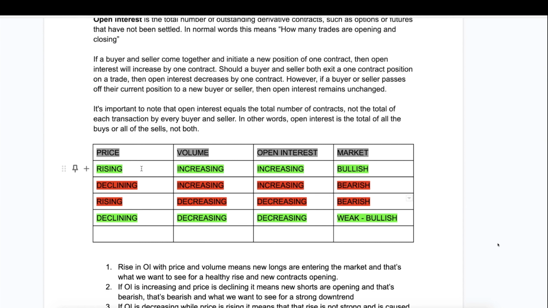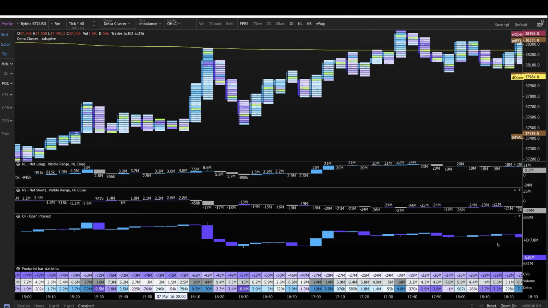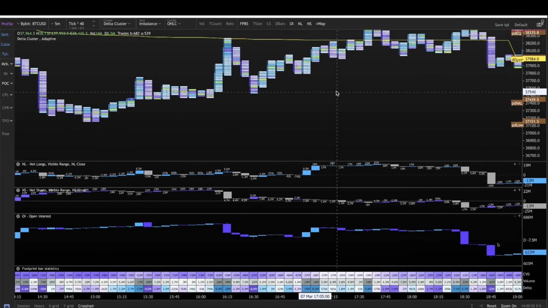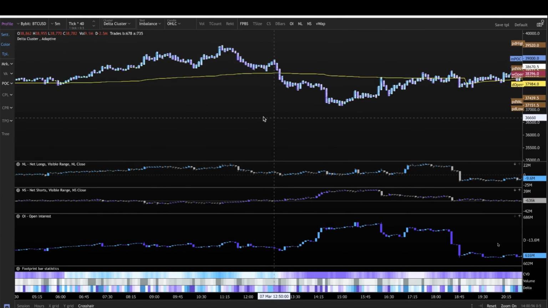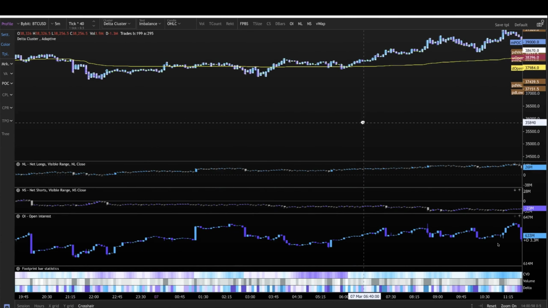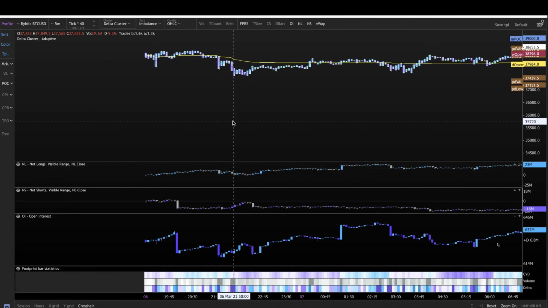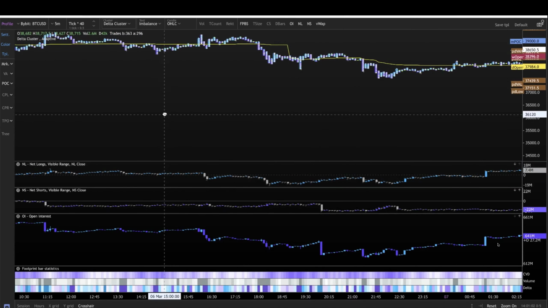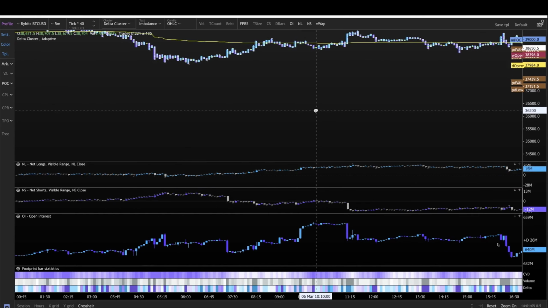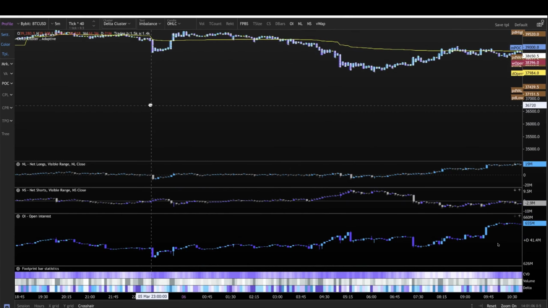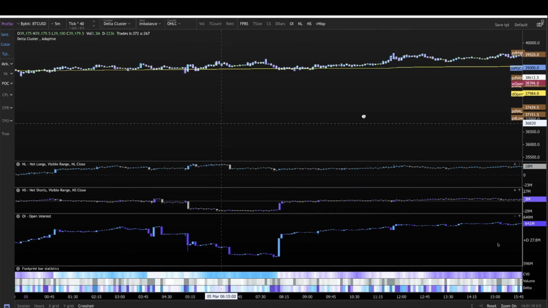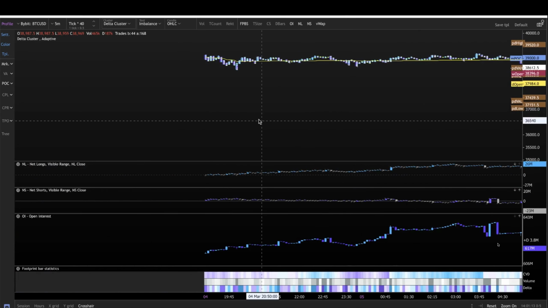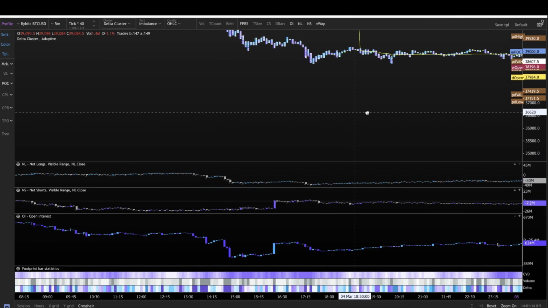On the contrary, if we see an uptrend, such as the one that we saw back on February 28th, where we had that massive move to the upside, let me go back to it. We can see that the open interest was increasing quite rapidly, showing us that there was conviction and there were people putting their money on the line to push the price upwards.